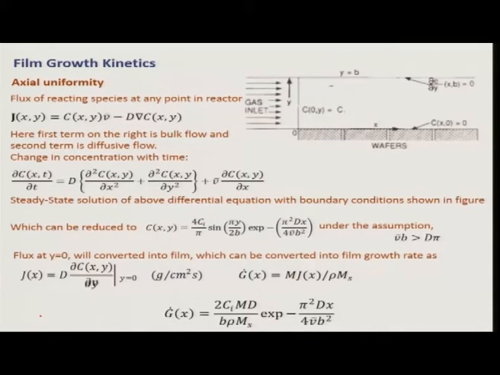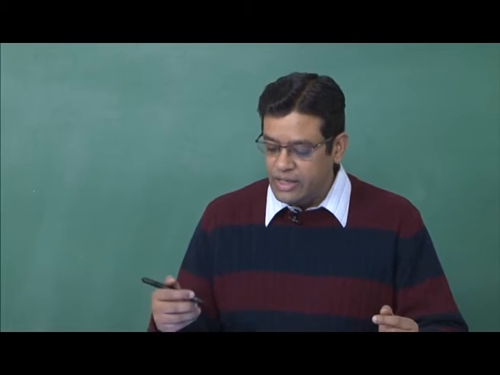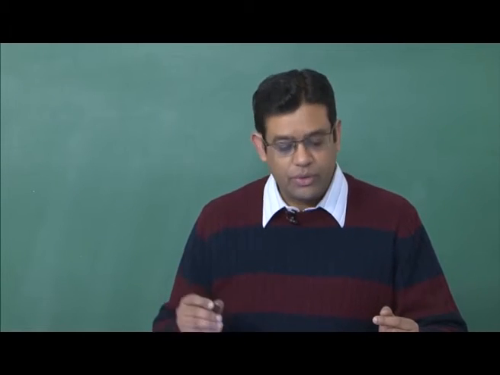As you see in this figure, we have a tubular reactor in which the reactant gases are coming from the left, and we have kept the wafers on which we want to deposit thin film along one of the chamber walls in the axial direction. Now, the transport properties of the reactants will dictate how the thin films are growing.